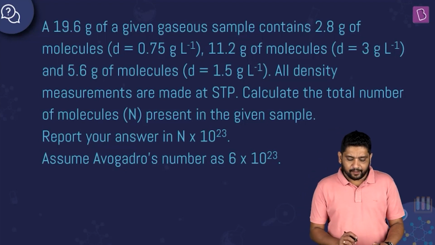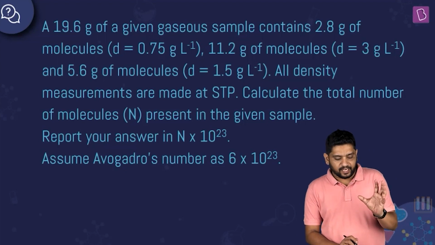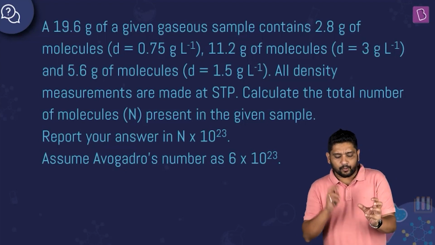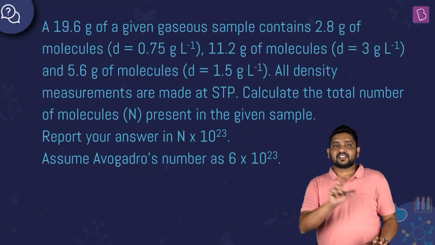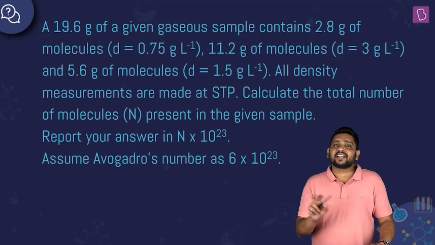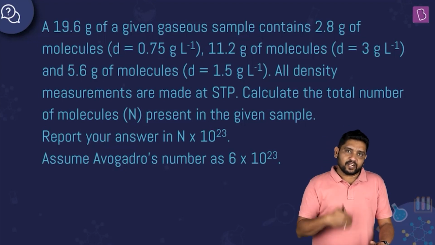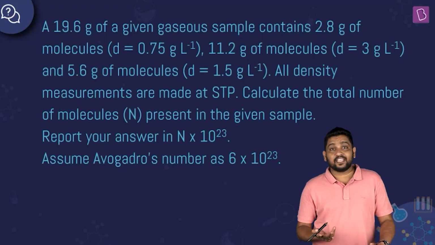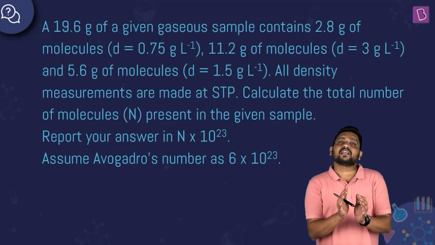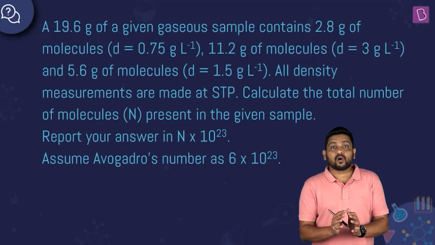Now let's see what is happening here. We have 19.6 in all, in which 2.8, 11.2 and 5.6 are the three different weights. We have been given their individual standalone densities. So if I divide weight by density, I should be able to get individual volumes. If I add all three volumes, I will get the total volume, right?